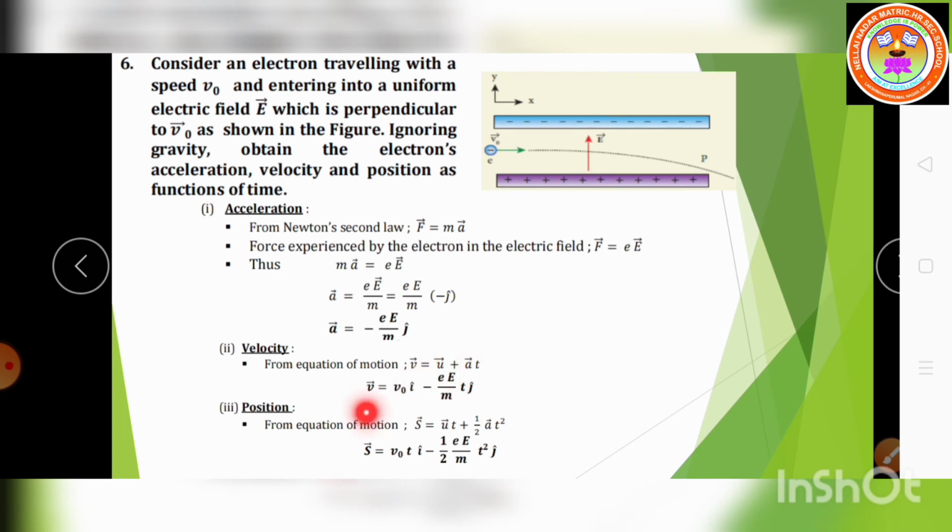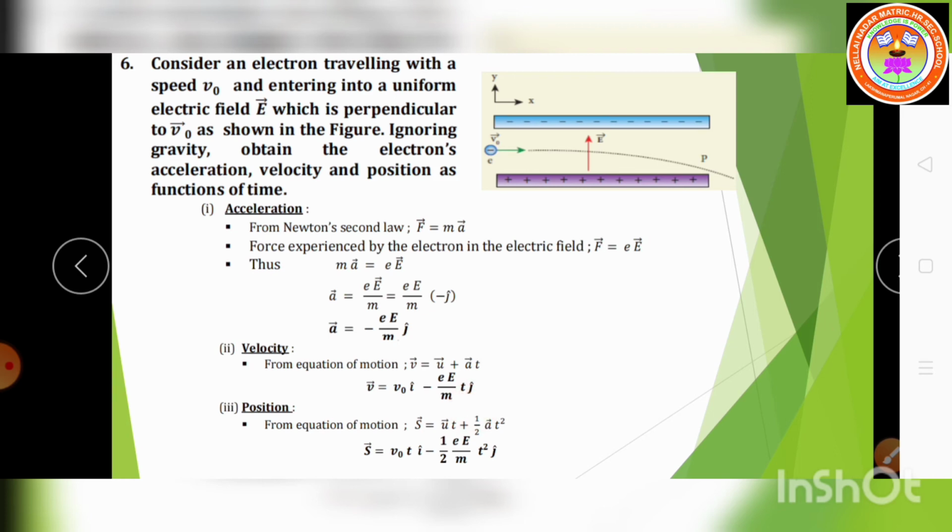The initial velocity is v0 i cap, minus eE by m into t, where the value of a was already calculated as minus eE by m into j cap. Substitute it here. Listen children, when you write this equation, always write the unit vector at the end.